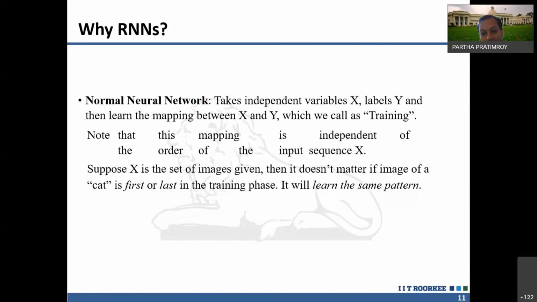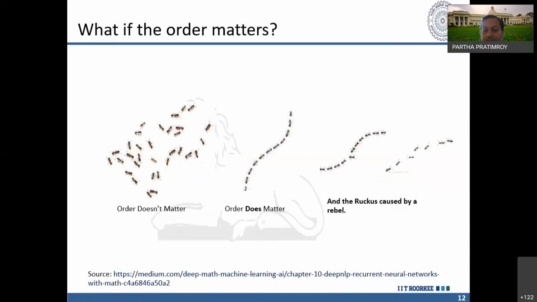Whenever you have some ordering of those input features, then this CNN or simple traditional machine learning will not work, so you require different kinds of machine learning algorithms. For example, here you see these positions, where insects are all moving randomly, and you want to find the shape.